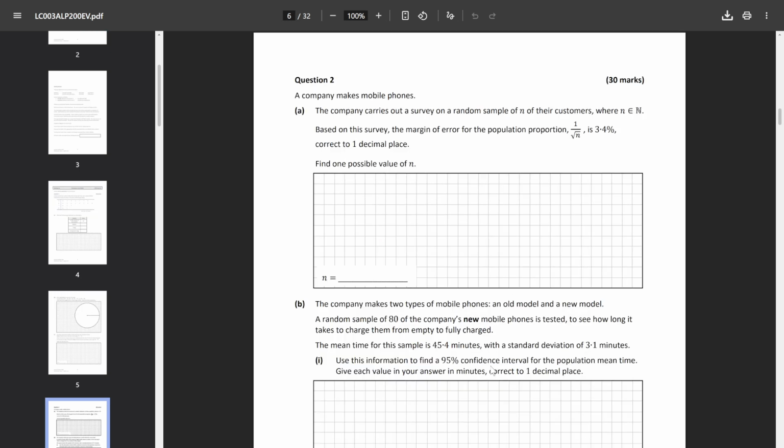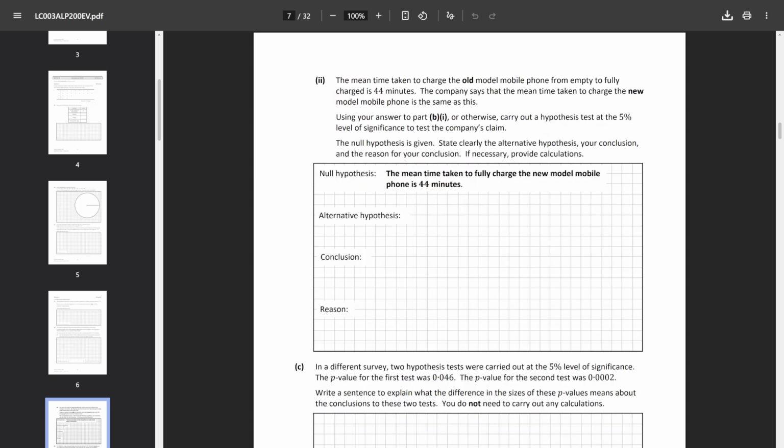Okay, question two, a question about confidence intervals using the margin of error approximation. That was pretty nice. You should be 100% confident in setting up a confidence interval. And then setting up a pretty straightforward hypothesis test.